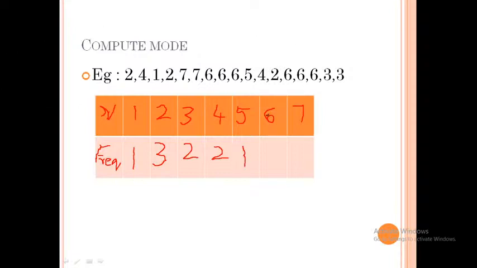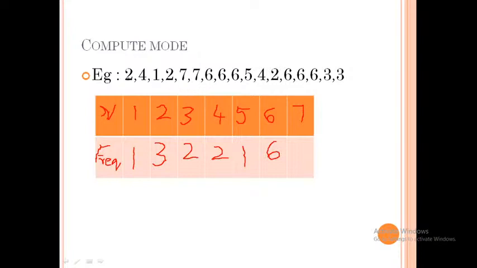Now 6. We'll go from one side: 1, 2, 3, 4, 5 and 6. The variable 6 is repeated 6 times, so the frequency of the variable 6 is 6.